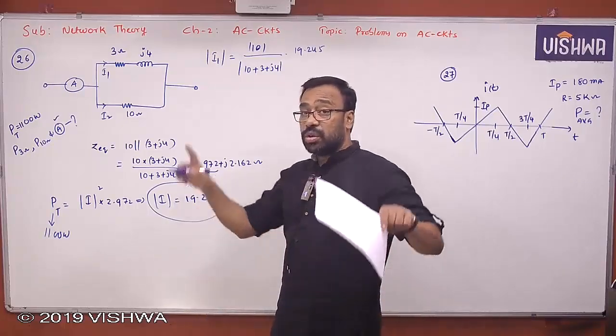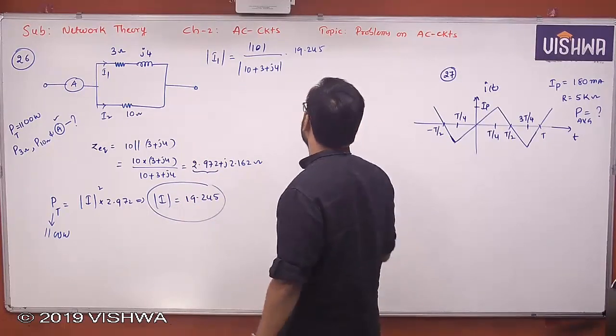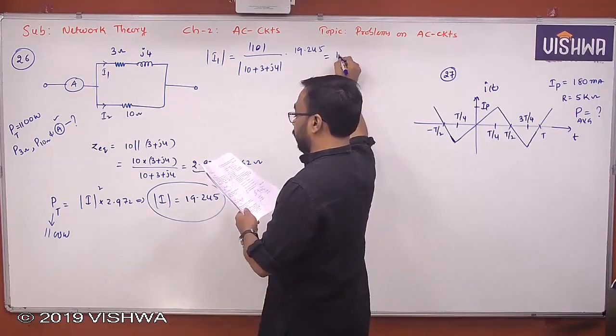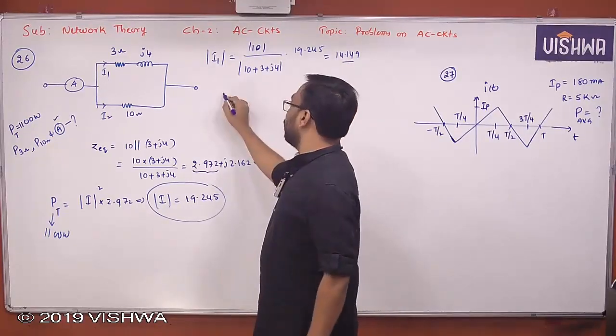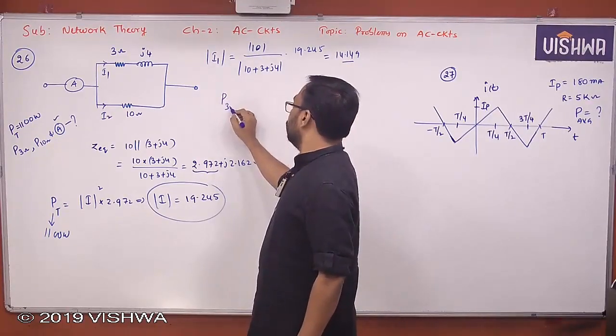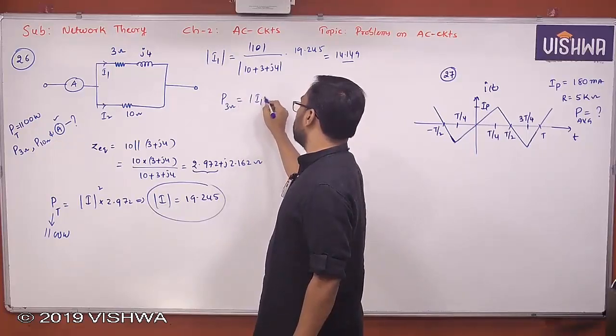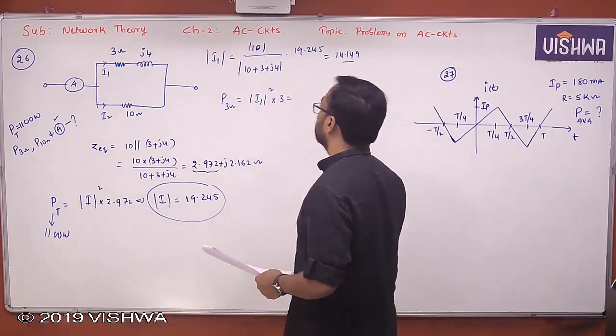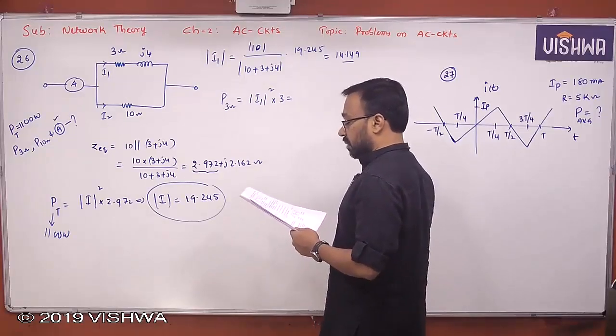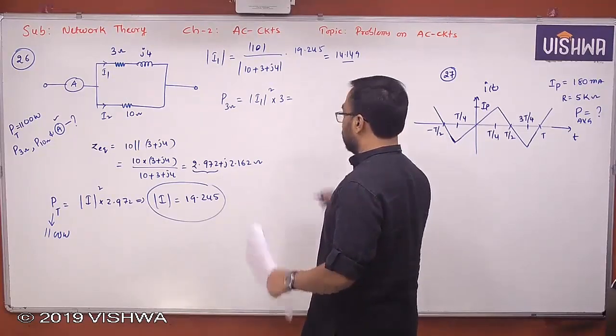Take the total magnitude in the denominator, and you get I1 as 14.149. So the power of the 3 ohm is nothing but I1 squared into 3, and here you will get 600 watts.